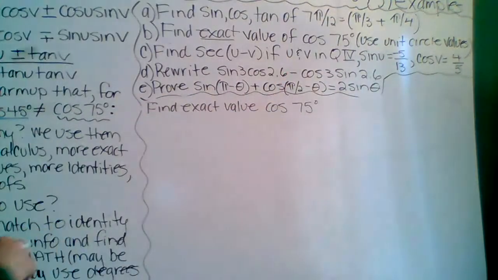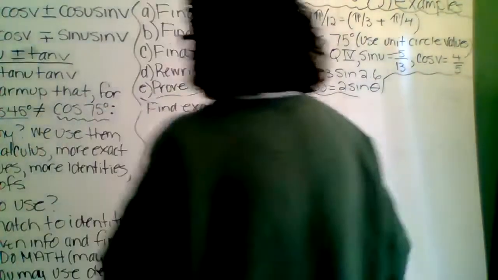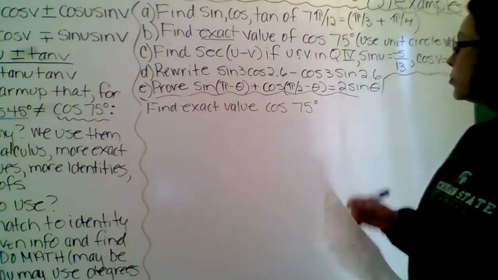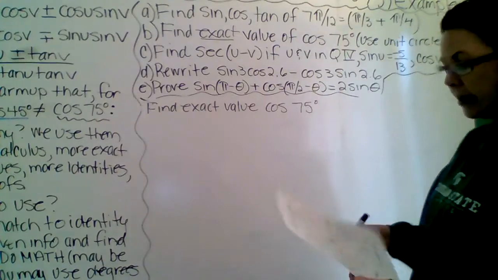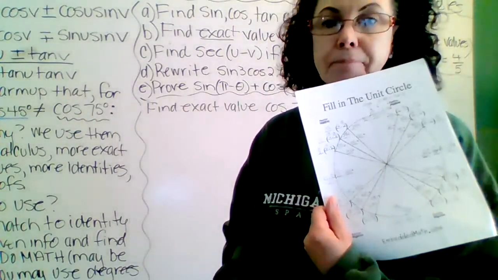And notice that we can't find cosine of 75 degrees this way by doing cosine of 30 plus cosine of 45. So what do I do? Okay, so notice they want cosine of 75 degrees. That exact value is not on the unit circle, right?